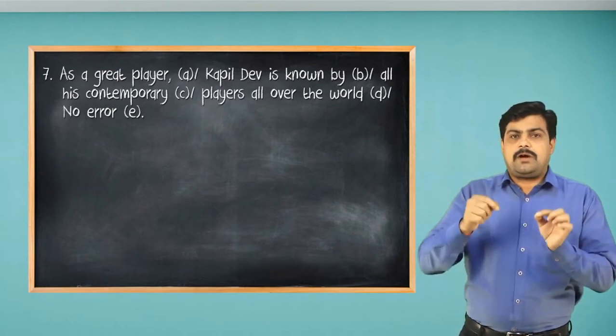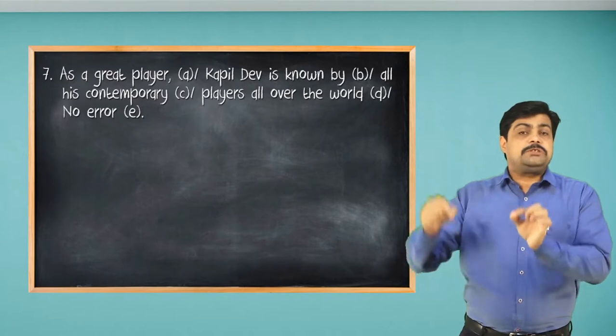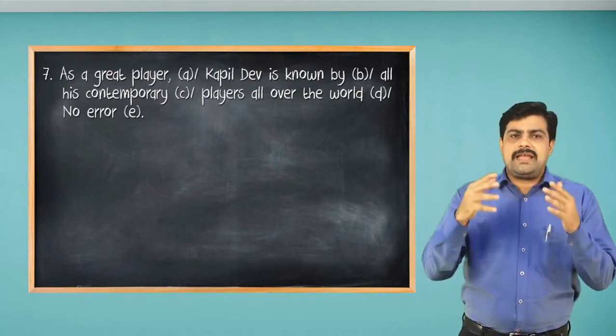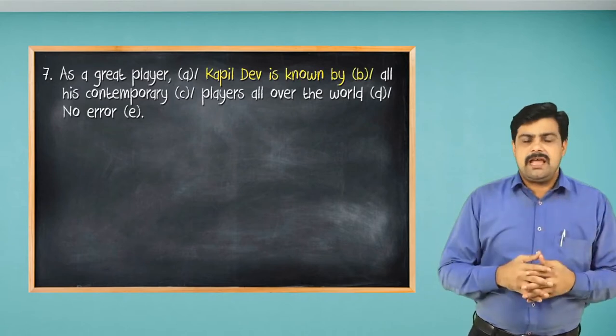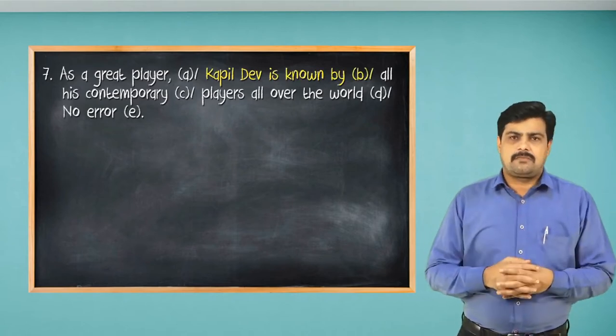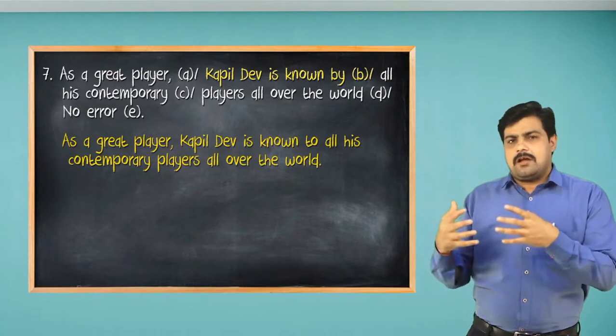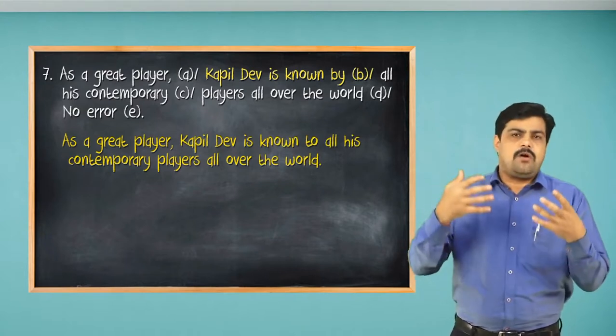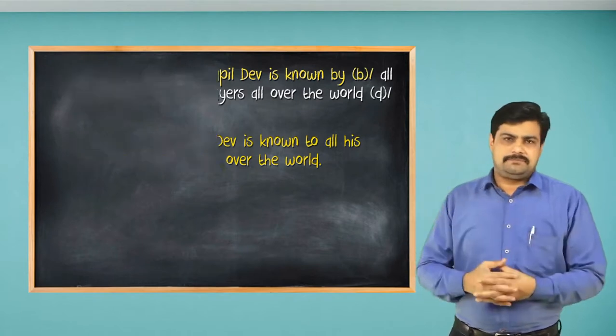Here the verb know takes the preposition to after it. So replace it in part B of the sentence and say the sentence: as a great player, Kapil Dev is known to all his contemporary players all over the world.